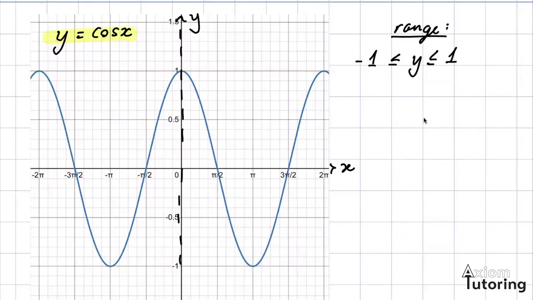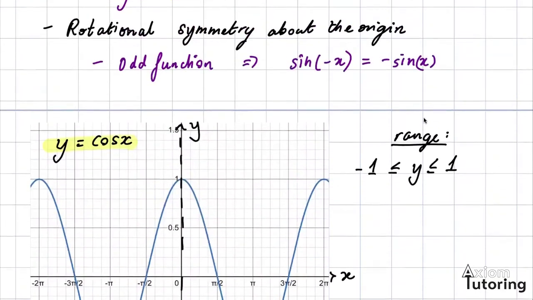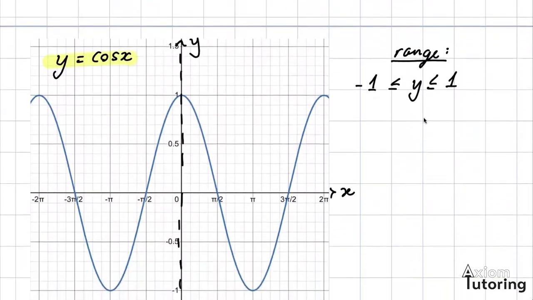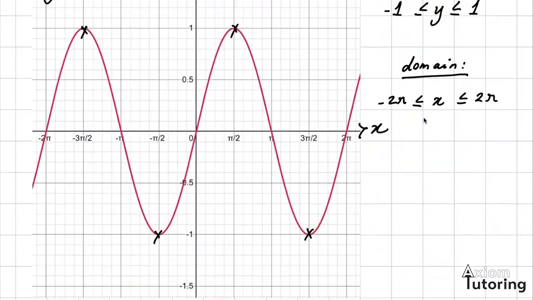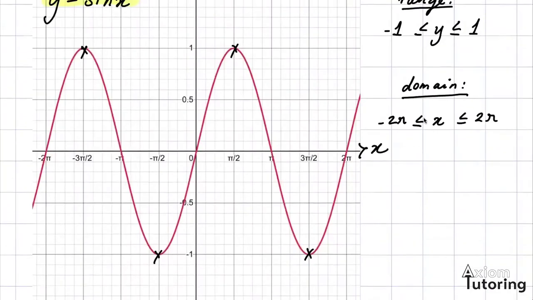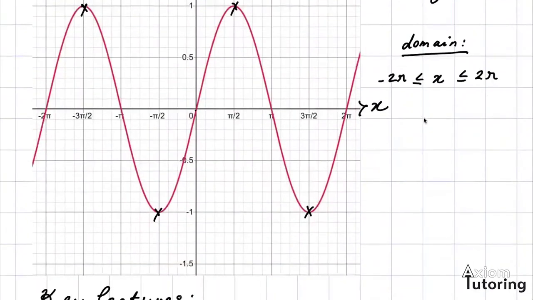Now, a key difference here, which again we'll look at further in a later video, is that for the value of 0 on the x-axis, the sine graph gives us a value of 0 for the y.